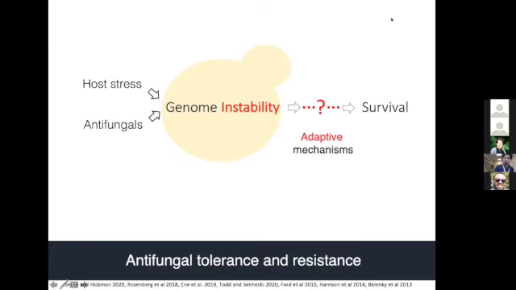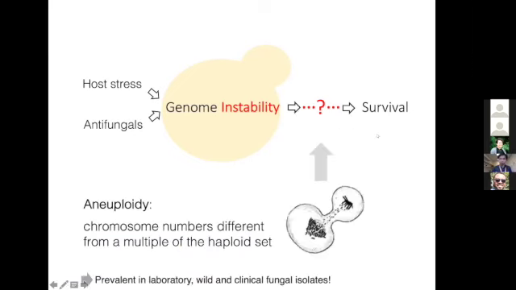So in the past few years, we have been studying aneuploidy. This is one of the major causes of antifungal resistance, since it is actually quite commonly observed in lab or wild yeast and a lot of clinical fungal isolates.